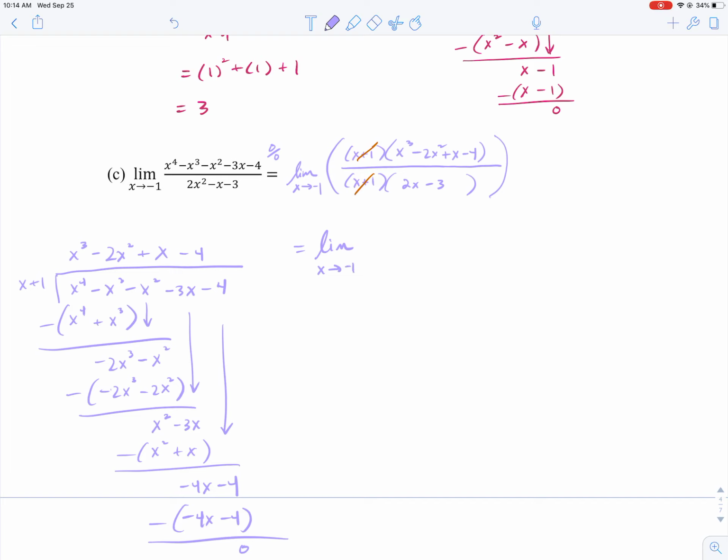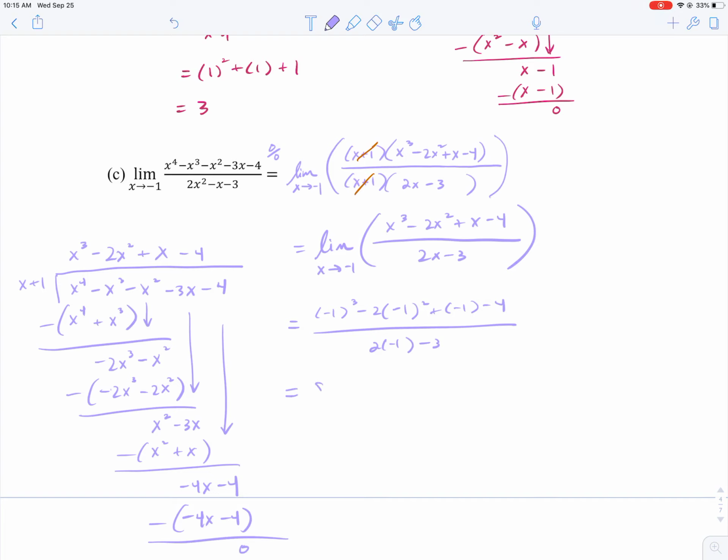And I'm expecting you guys to show your work using the proper limit notation. So it leaves us with x cubed minus 2x squared plus x minus 4 over 2x minus 3. And now we can try direct substitution. And I believe we end up with 8/5.